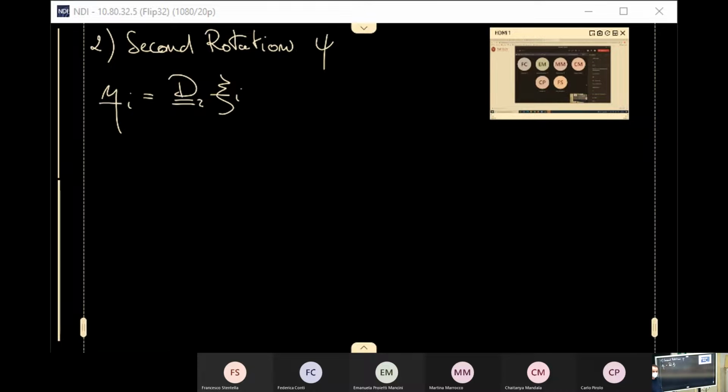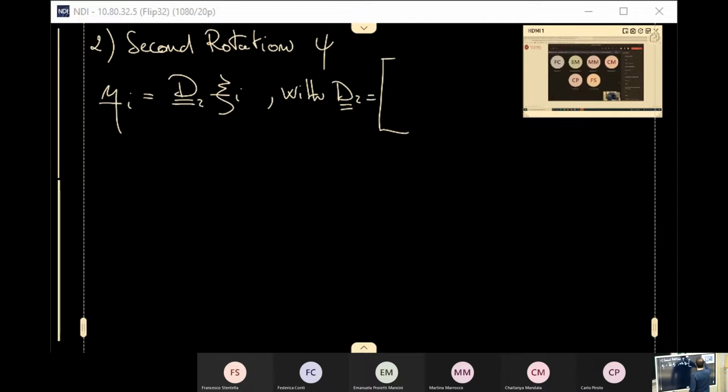But this time it's a rotation about the axis 1. So d2 will be something like this. Remember, it's about the axis xi1, right?